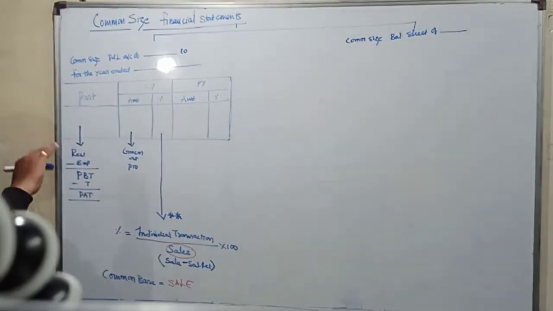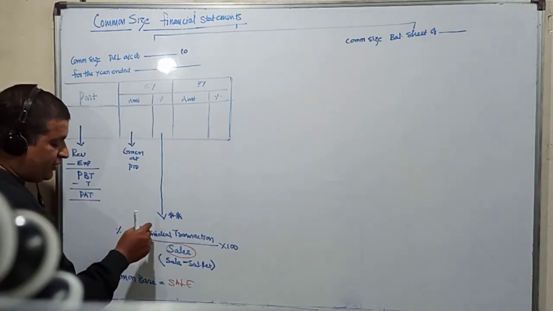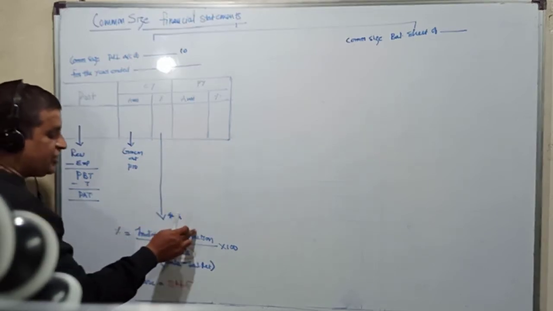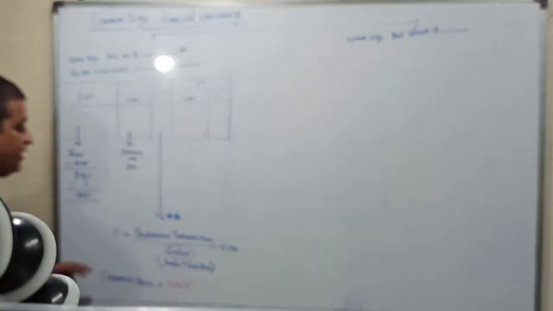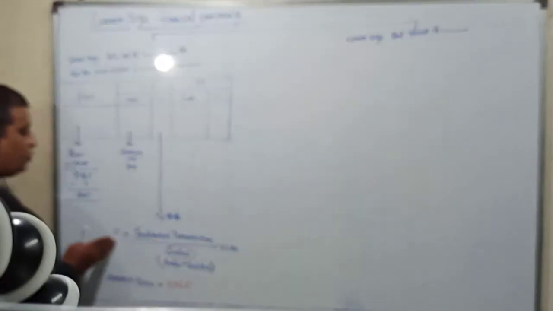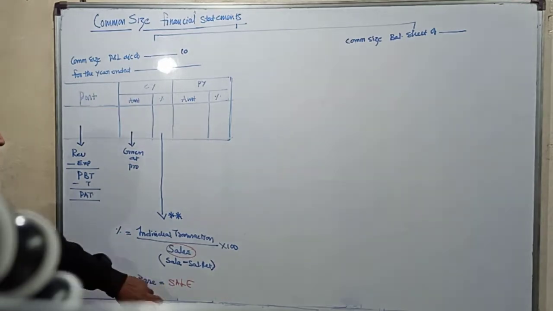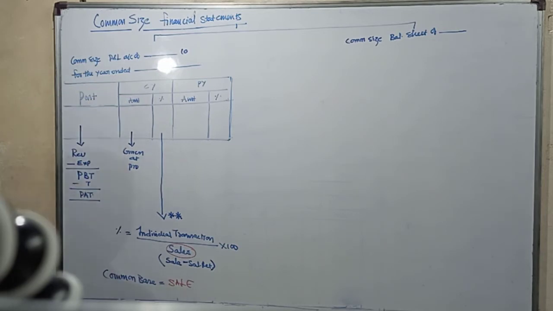In comparative statements, we used to calculate the individual transaction amount divided by previous year amount into 100. But here, every transaction will be divided by sales to get the percentage. So for the profit and loss account, the common base is sales. Because it is sales, this is referred to as a common size statement.